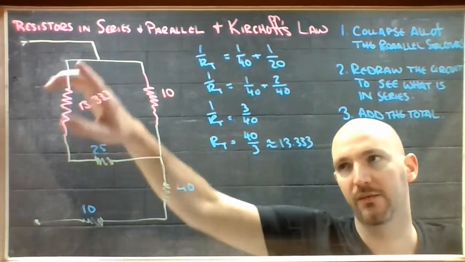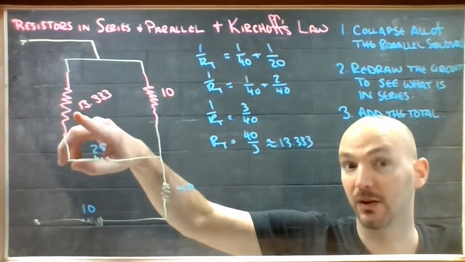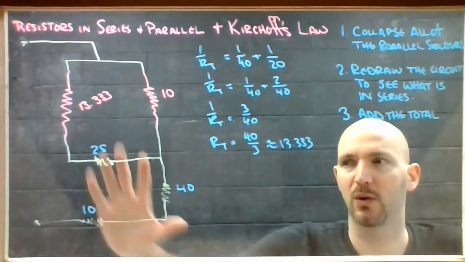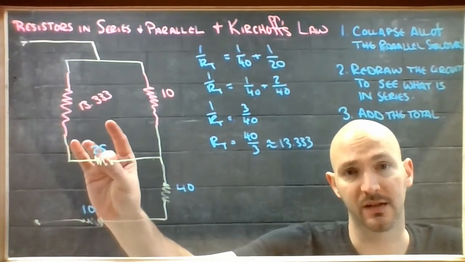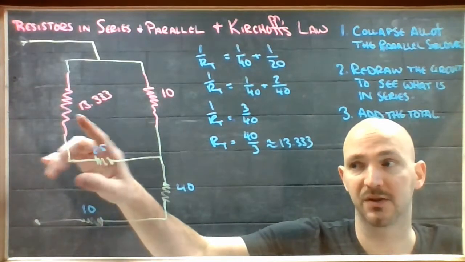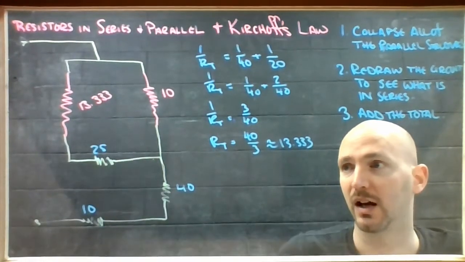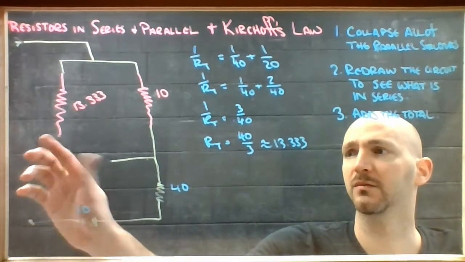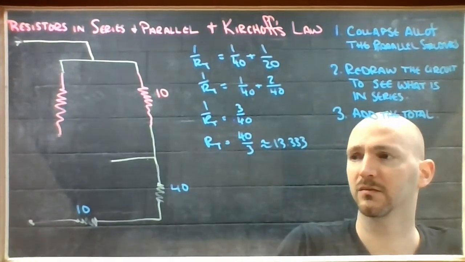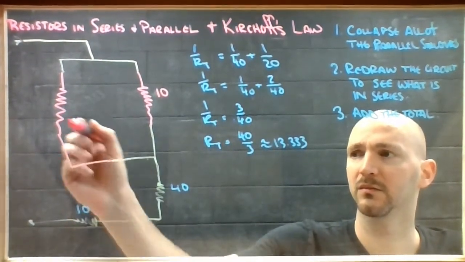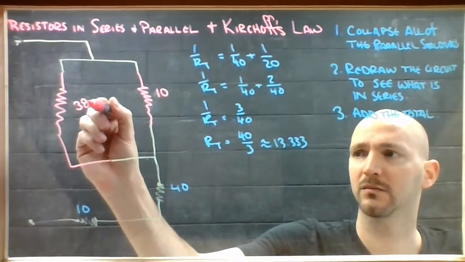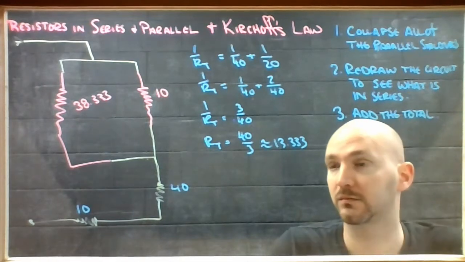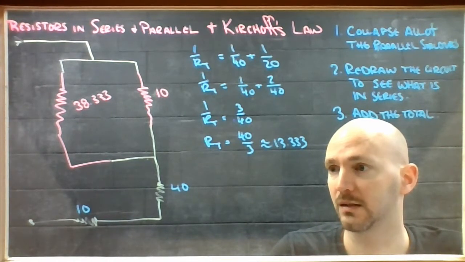Okay, now if I go down this path, I must go through this 13.333 and I must go through the 25. So I can collapse those two things using the series rules. It's just going to be this plus this. That'll be 38.333. All right.